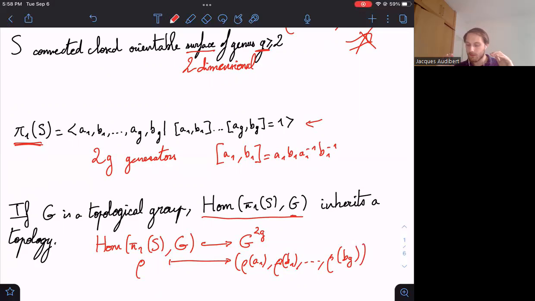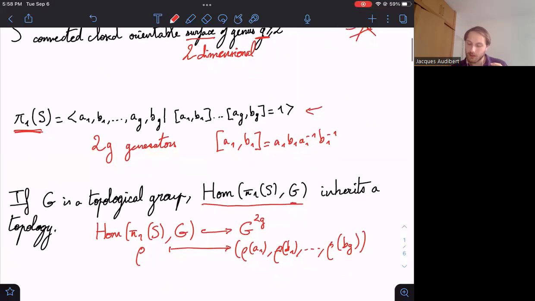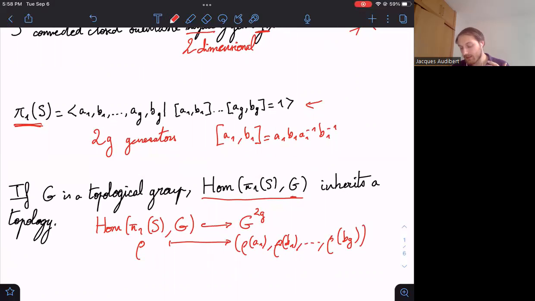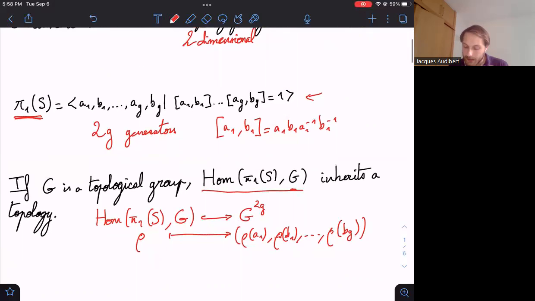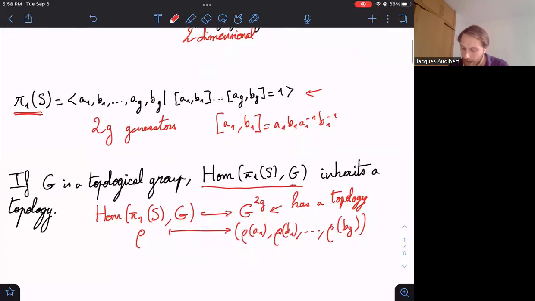We just say what are the images of the generators, and if two representations agree with this map, then they must be the same representation. So we embed this space in G to the 2g, which has a topology. We assume that we are talking about a topological group, like a group of matrices, where the topology is determined by how close the coefficients of two matrices are. And thus the space of representations as a subspace has a topology.